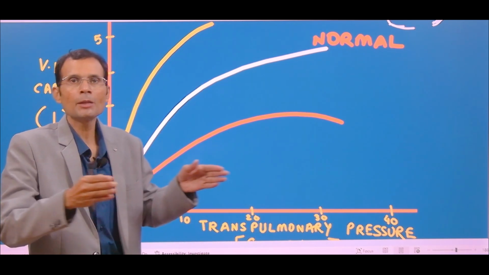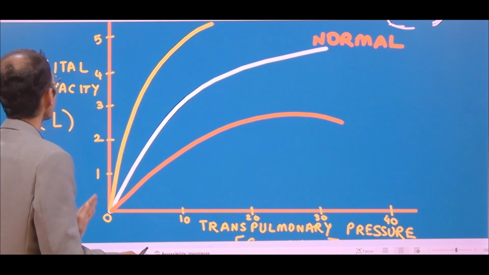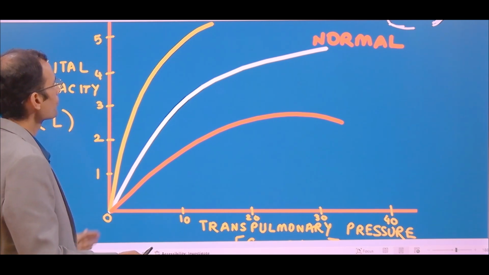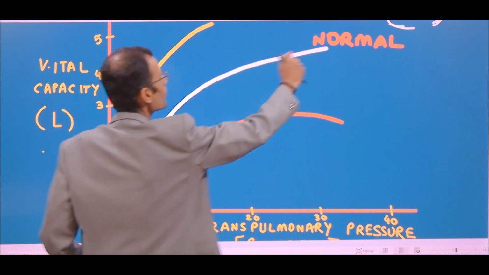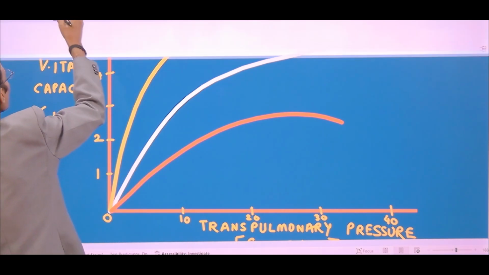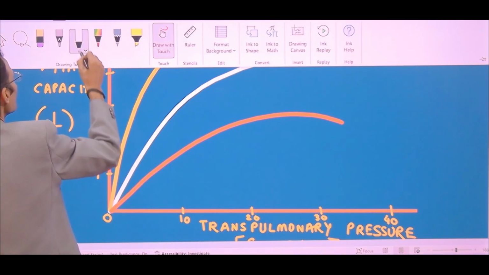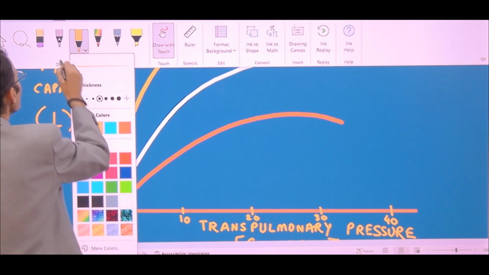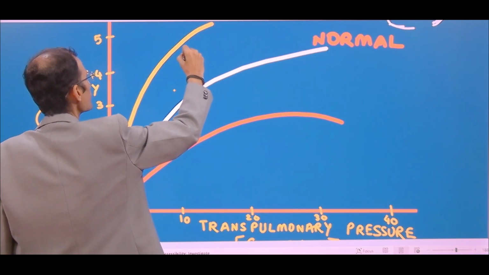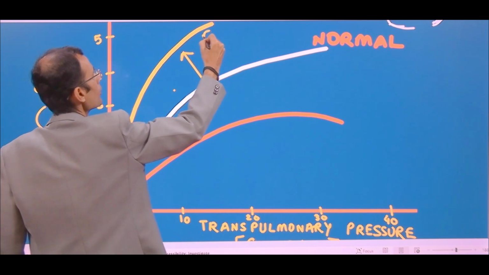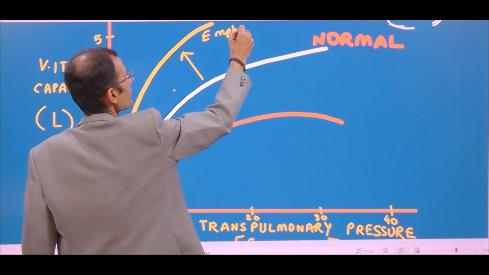As the transpulmonary pressure widens, what happens to the lung volume? That is shown on the vertical axis. So this is for the normal. And now you can see that the curve has shifted leftward and upward in the case of pulmonary emphysema. This is the curve for emphysematous lungs.